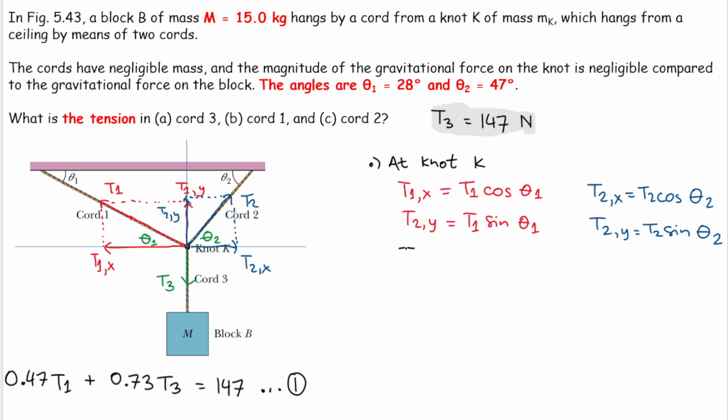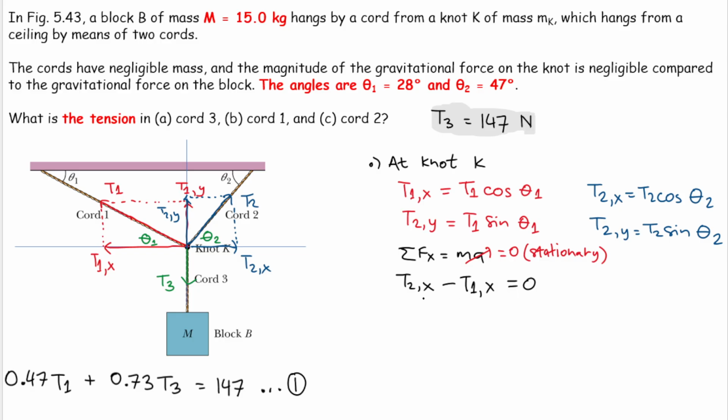Now let's do Newton's second law here on the x direction. So sigma Fx is equal to mass times acceleration. However, because this is stationary, on the right hand side we will have 0. On the x direction we will have T2, x on the positive side, and on the negative direction I will have minus T1, x, and that will equal 0.